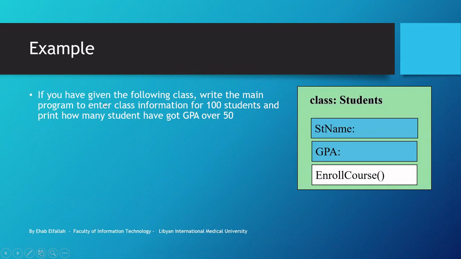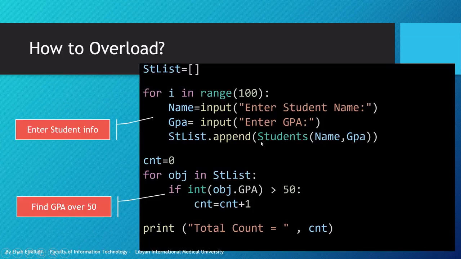So here: write the main program to enter the class information for 100 students. Then the second part is to count how many students have got a GPA over 50. So we also have to start a loop, and this time we iterate over the objects inside that list. Each element will be an object inside that list, and we have to compare if the object dot GPA is over 50. Here we have to convert it to an integer in order to compare it with another integer value.